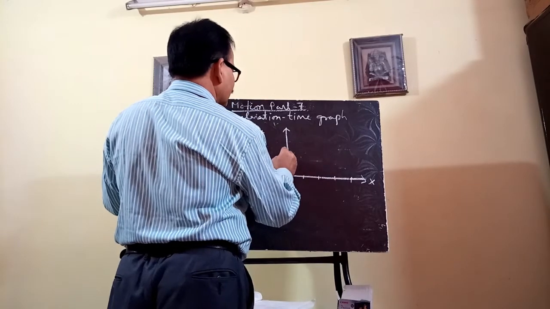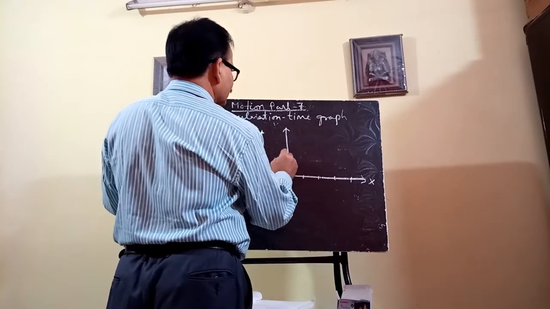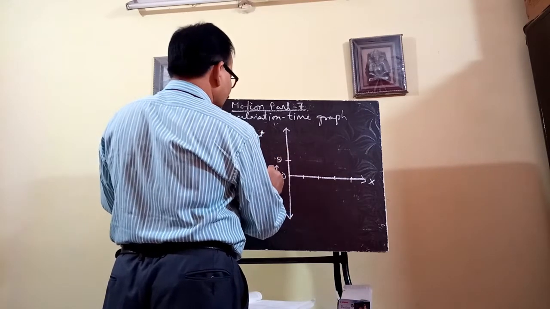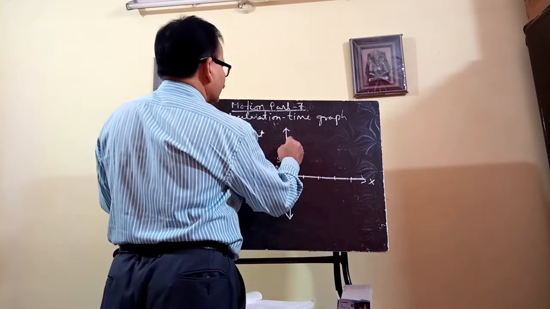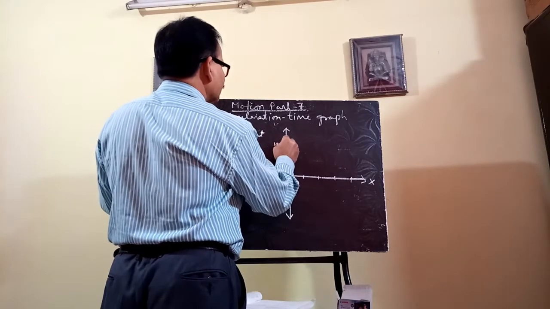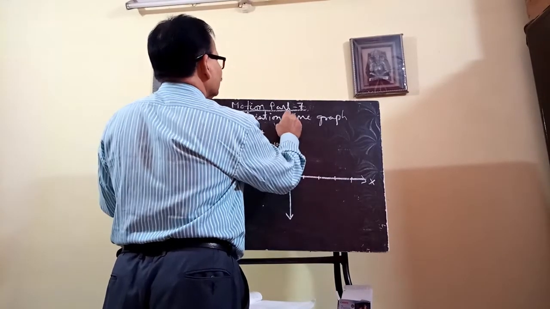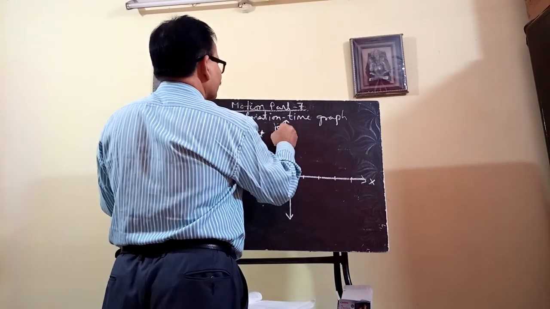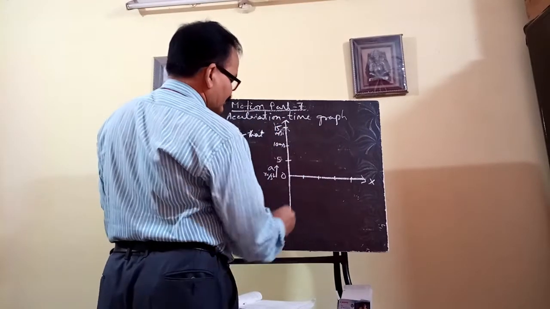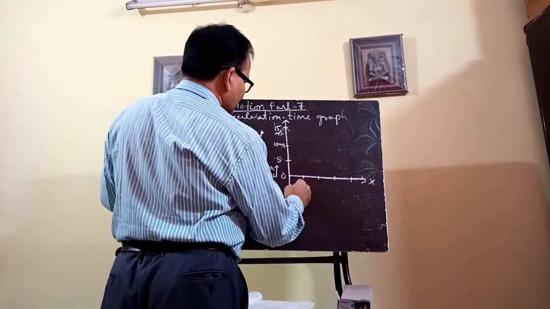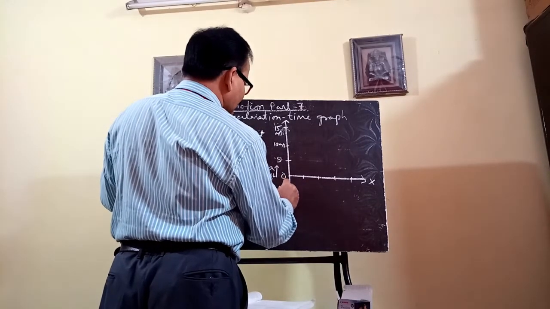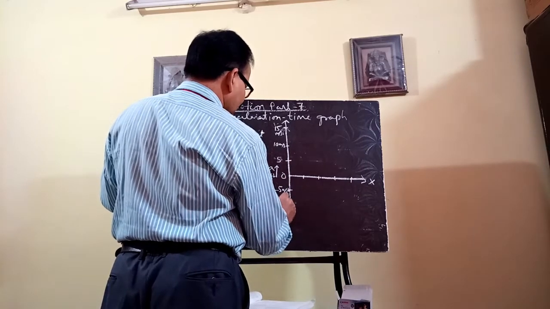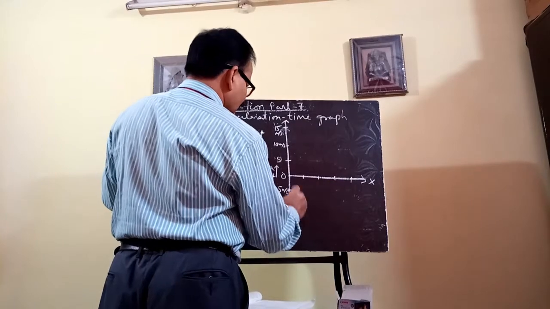Say this is your acceleration, 5 meter per second square, then 10 meter per second square. Say this is your 15 meter per second square. Okay. So similar to that, this is your minus 5 meter per second square, and say this is your minus 10 meter per second square.